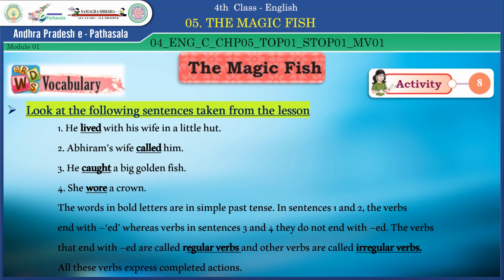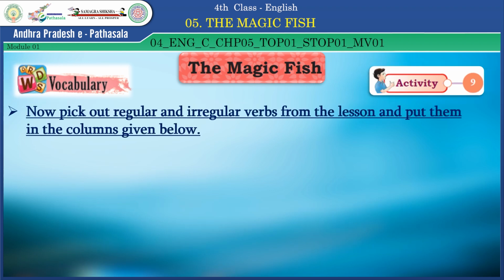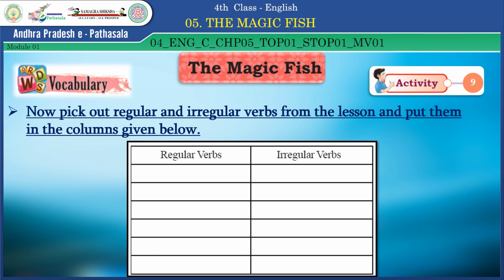Okay, children, now let's do a vocabulary activity related to verbs. Children, now pick out regular and irregular verbs from the lesson and put them in the columns given below. Say the regular verbs.